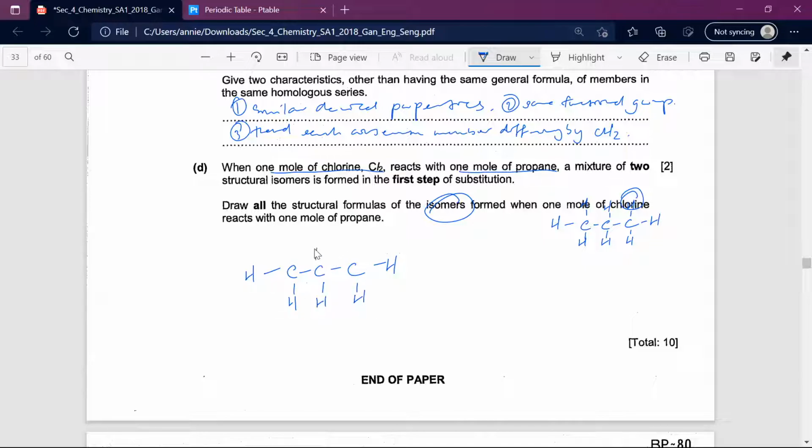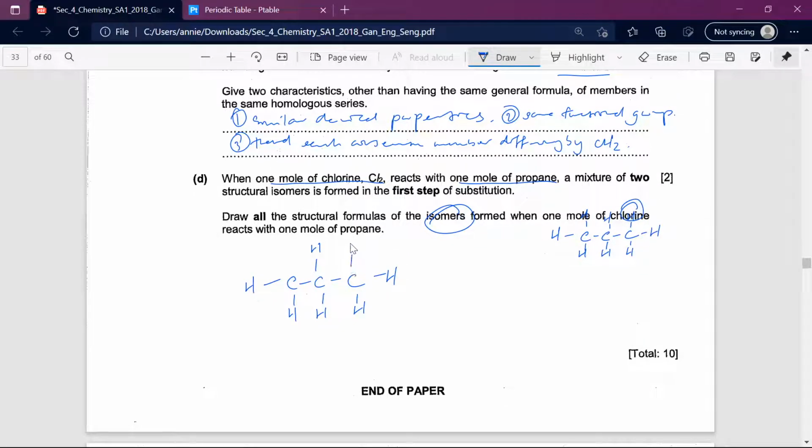And then I will replace one of these hydrogens with a chlorine, okay? And since the chlorine is on the first carbon atom, let's take this as the first carbon atom. We'll name it 1-chloropropane. Chloro for chlorine, and it's on carbon 1, and then with the name of the straight chain alkane, which is propane. Let's draw the other molecule.